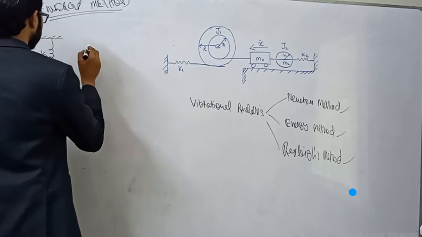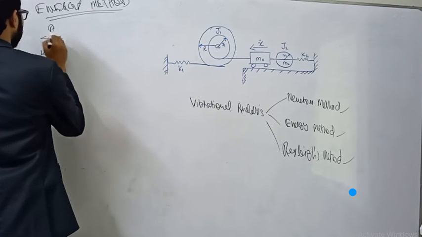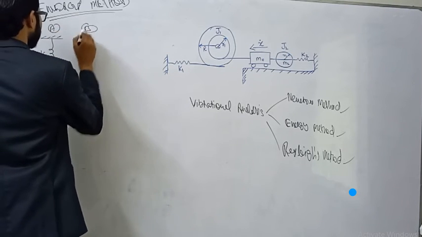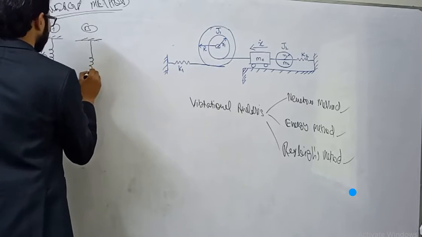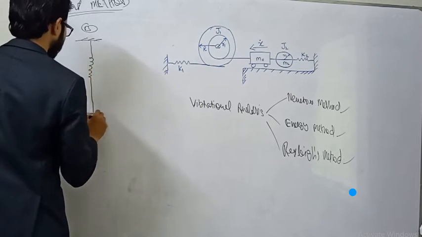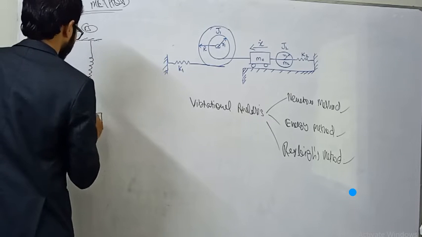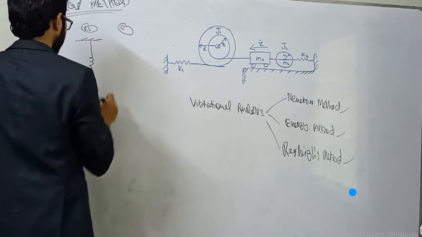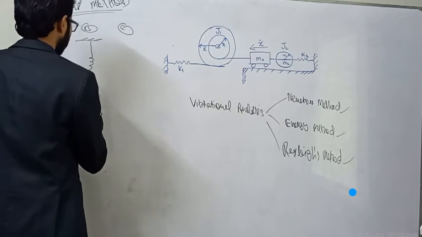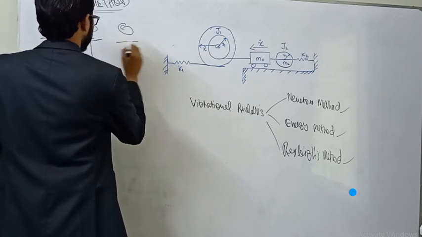It has an initial position, and what happened after that? This is the B position. In this case, the mass is displaced from the initial position, and this is its final position. And what happened in the third case, C? Now this body is returning back to the equilibrium position.